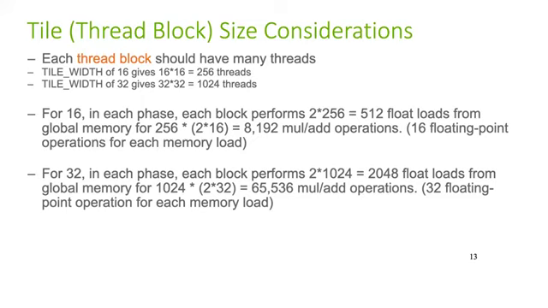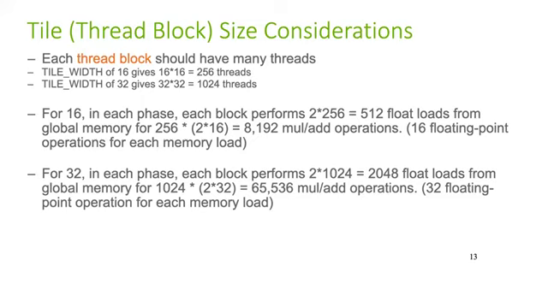So if I do 16 wide tiles, I can compute what the compute density of that is. Each block is going to do 2 times 256, so 512 floating point loads, because each thread is going to load 2 floats, one from M and one from N, just like in our simple version.